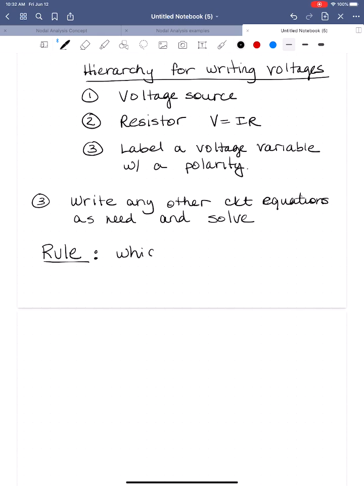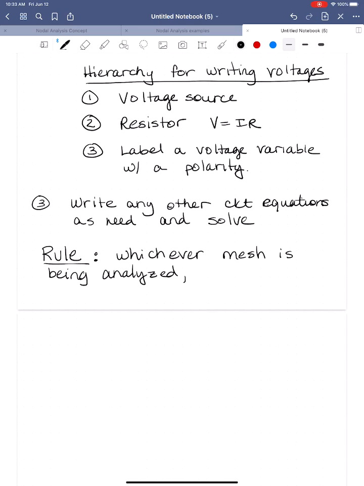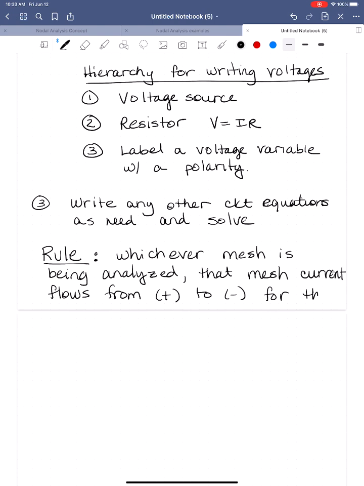Whichever mesh we are analyzing, that mesh current flows from plus to minus for the resistors in that mesh.